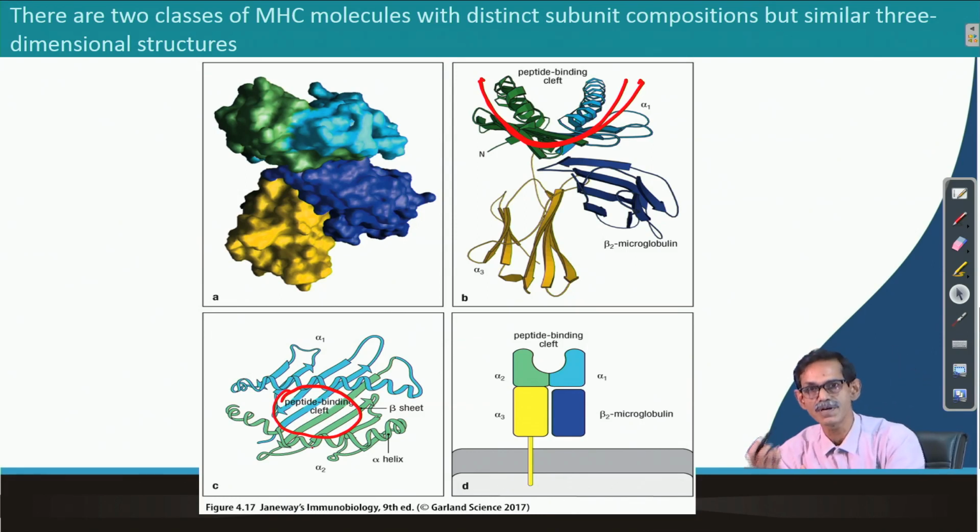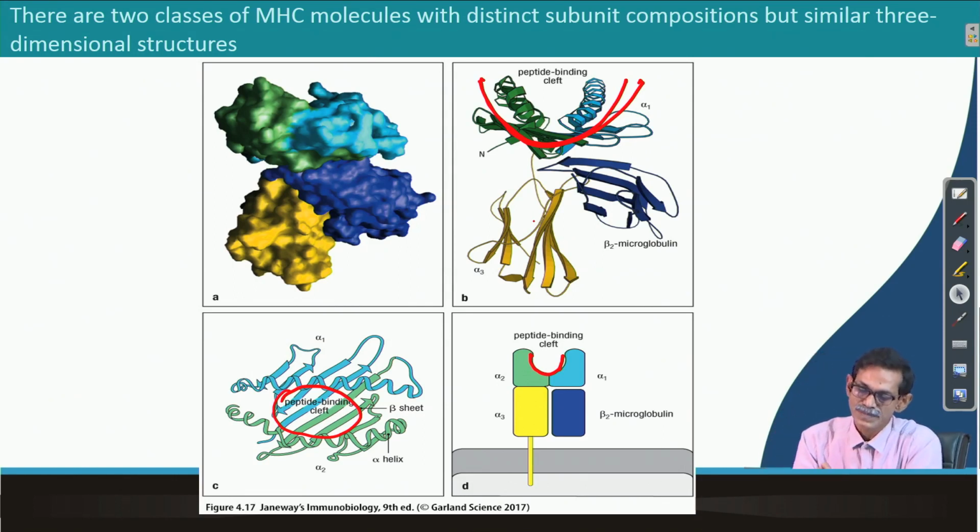If you make it a simpler version, this is the peptide cleft, and this is the overall structure. Again the peptide cleft is mostly beta sheet and alpha helix, and the framework region, the overall structure, is maintained mostly by beta sheet. It is a very similar structure to an immunoglobulin molecule.